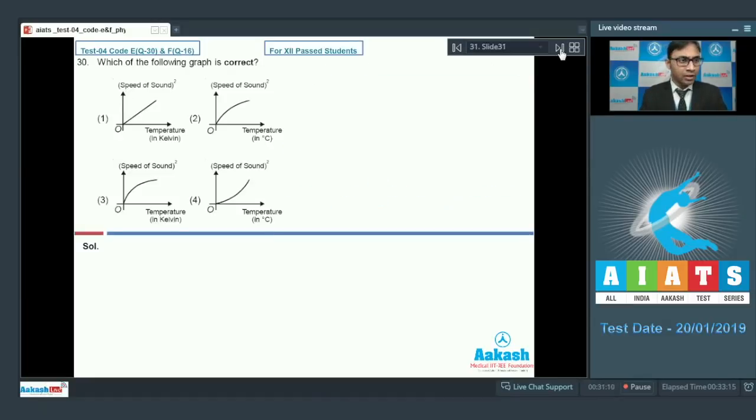In question number 30 it says, which of the following graphs is correct? The graph is drawn between speed of sound and temperature in Kelvin, or temperature in degrees centigrade. But we know that the speed of sound will be equal to root under gamma RT by M, where gamma is the Cp by Cv, that is the atomicity for any gas.